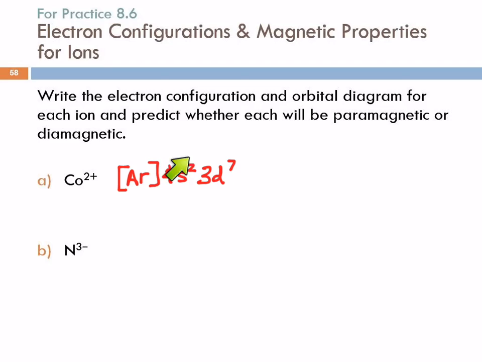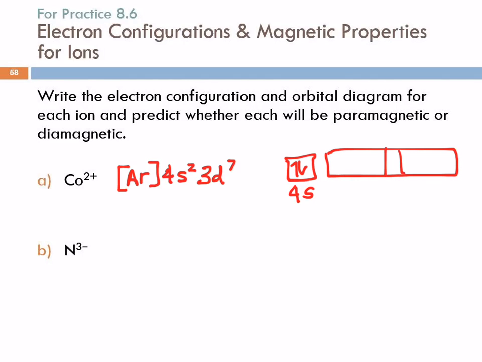If we look at this orbital diagram, we've got the 4s here, and that has 2 electrons in it. And then we've got the 3d, and the 7 electrons would fill this 1, 2, 3, 4, 5, 6, 7. Those are the configurations for the atom, cobalt.